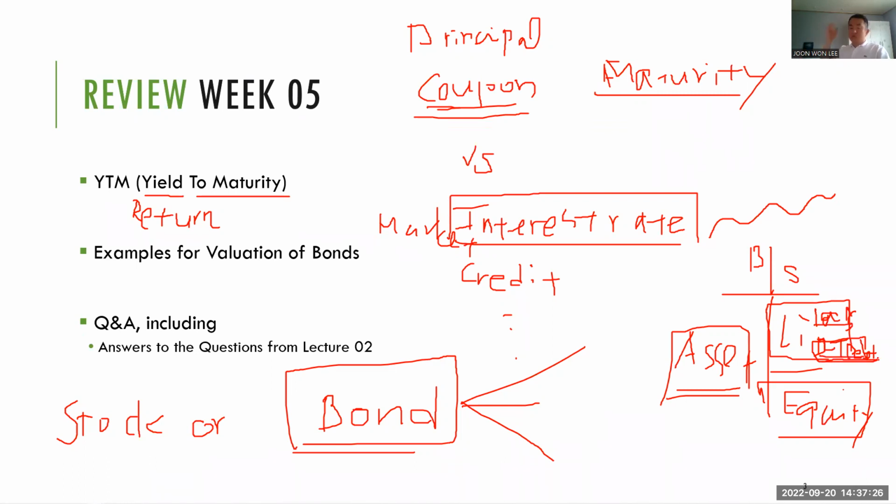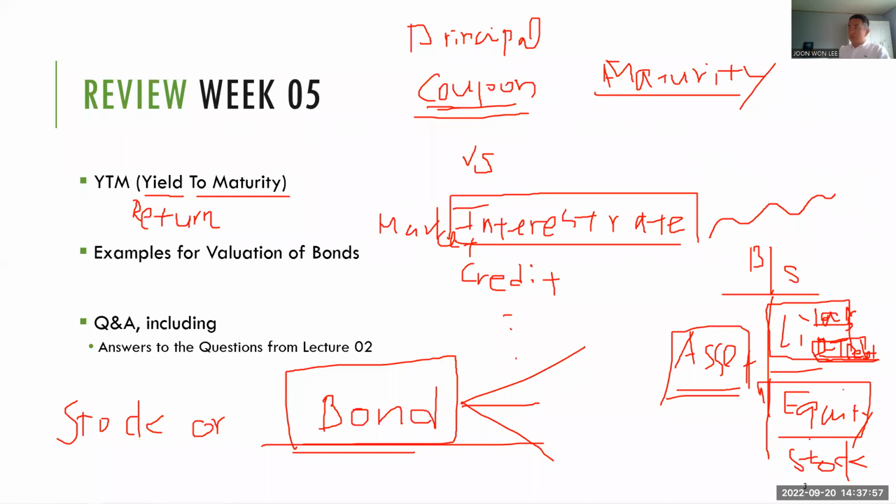So long-term debt usually takes the form of a bond, right? And equally, if you issue stock, and investors are interested in this company, then they're going to purchase the stock issued by this company.